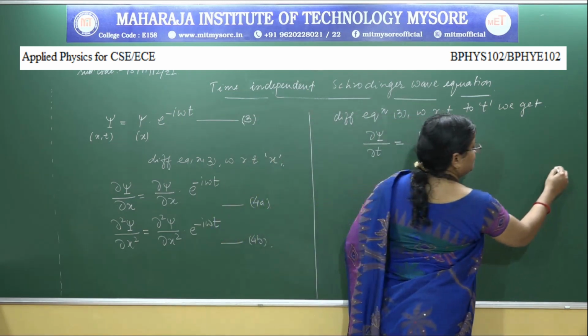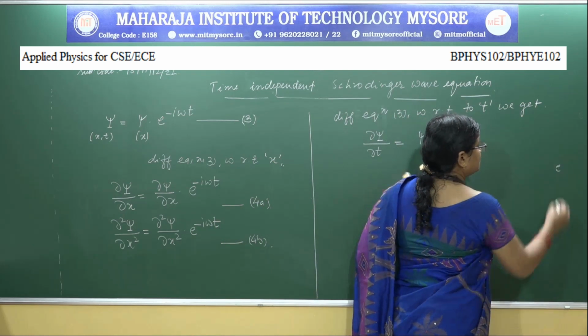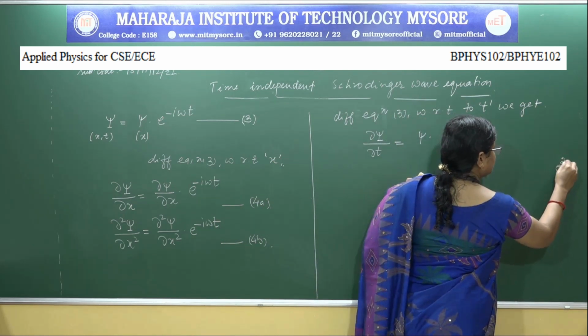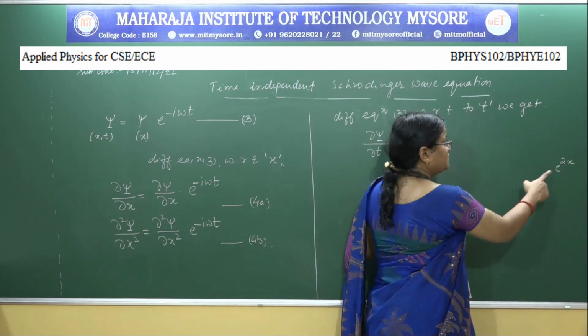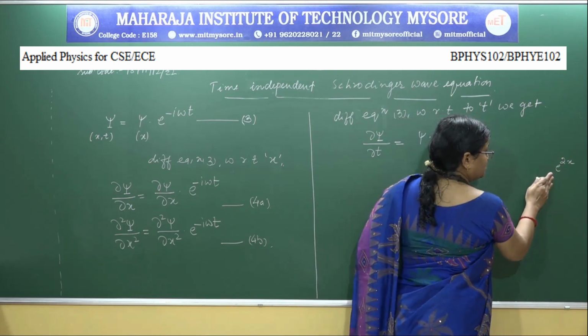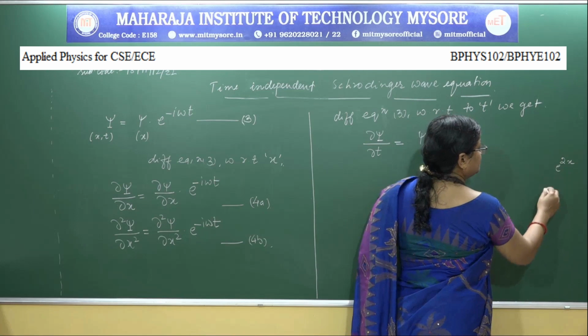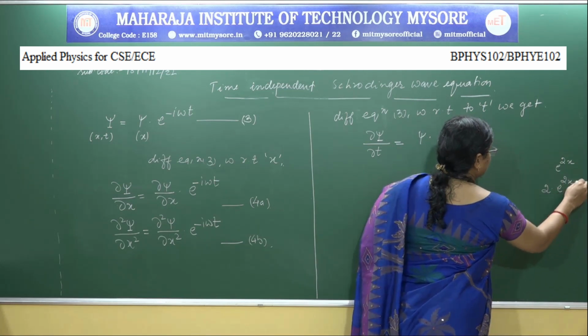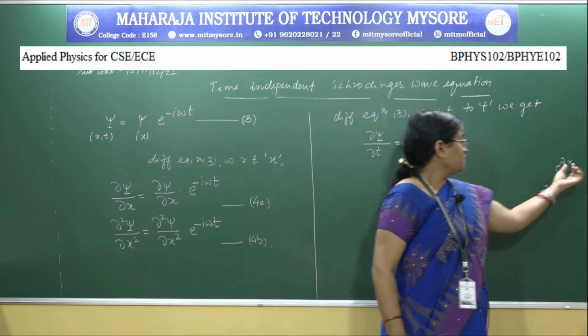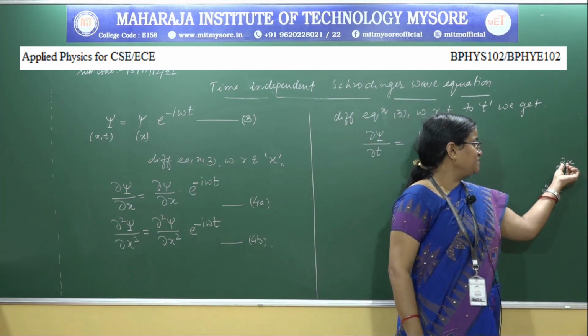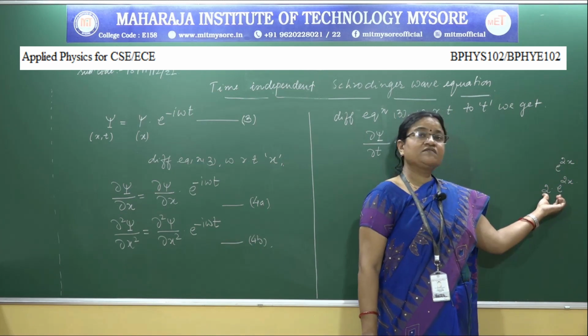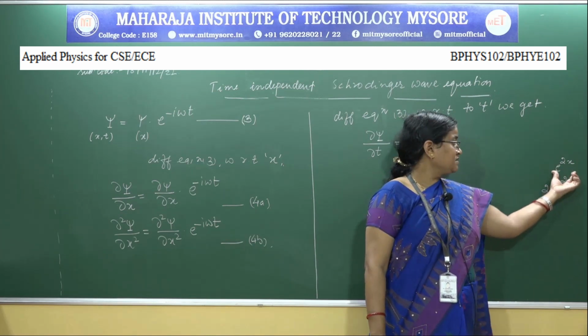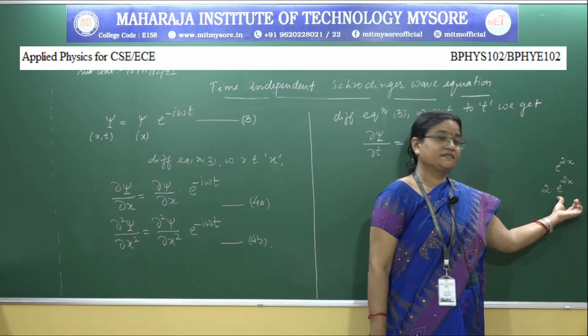So differentiation of any exponential term, how do we do it? Suppose it is 2x, then the differentiation of exponential of 2x will be 2 into exponential of 2x. The constant multiplied with the variable will be multiplied with the exponential and the term will remain as it is.